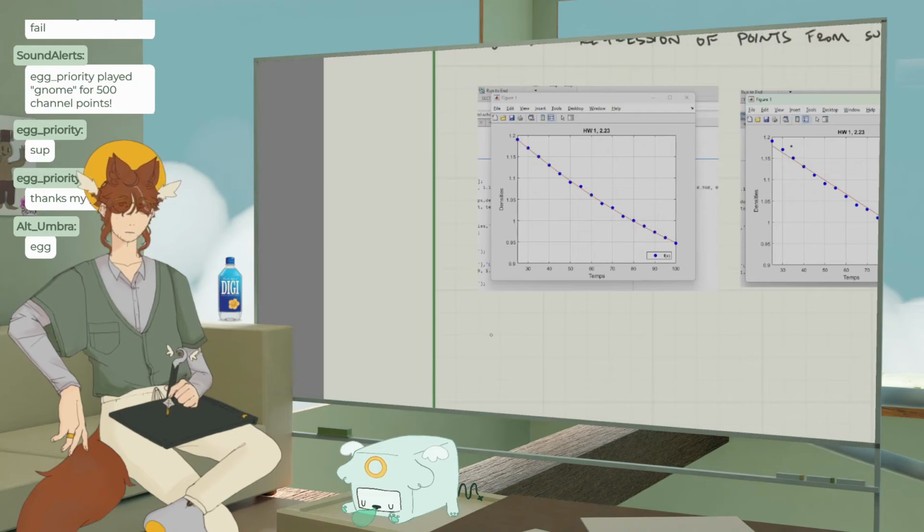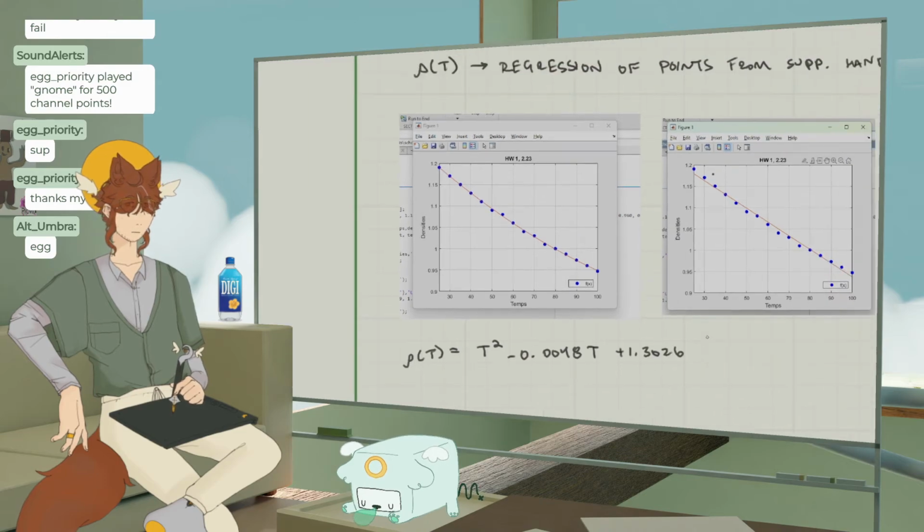So then P of Z, or density of T equals... Oh, what? Wait. Oh, I see. Equals t squared minus 0.0048 t plus 1.3026.